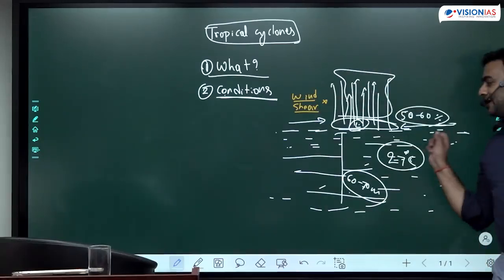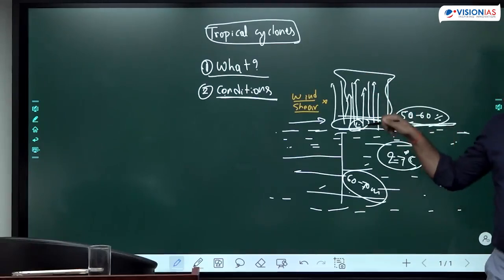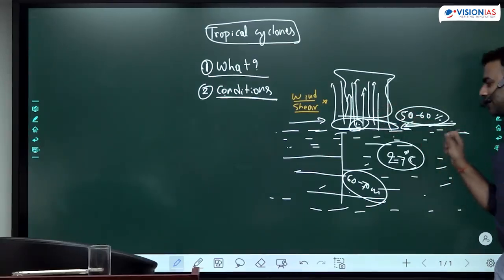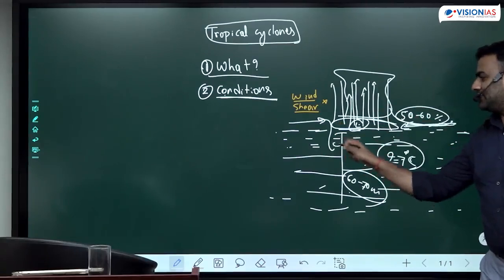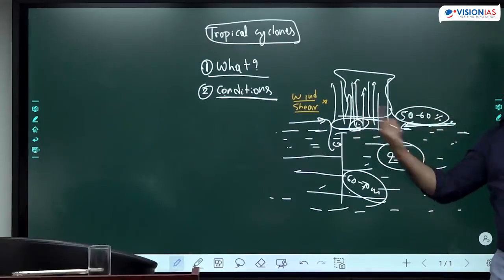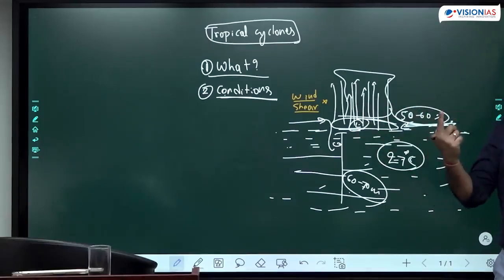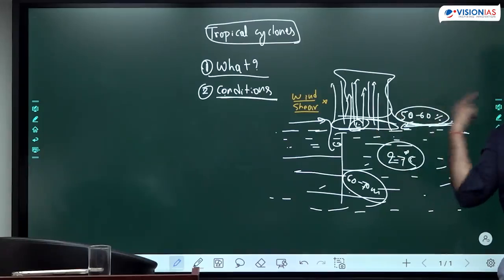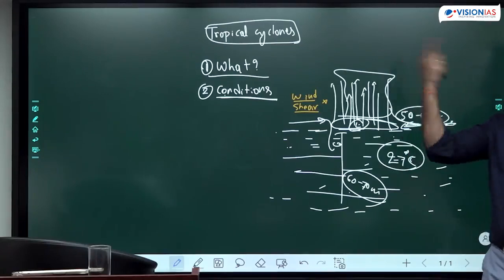So that means the air tends to move. Definitely air will tend to move, but it should not reach the center. That means you need a Coriolis force so that it can completely get deflected towards the right side in the northern hemisphere. And as it gets deflected, it starts to rotate around this. It almost becomes geostrophic. It is such a strong force, it gets totally deflected and starts to rotate around this. And as it rotates, it starts to rise like this.